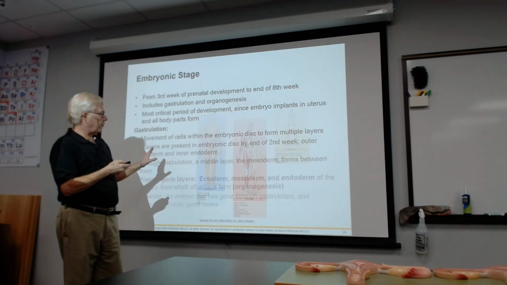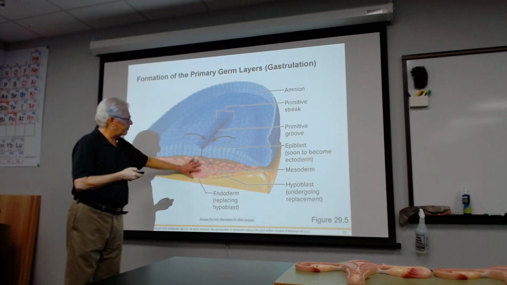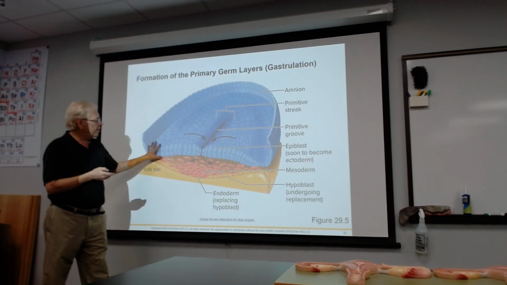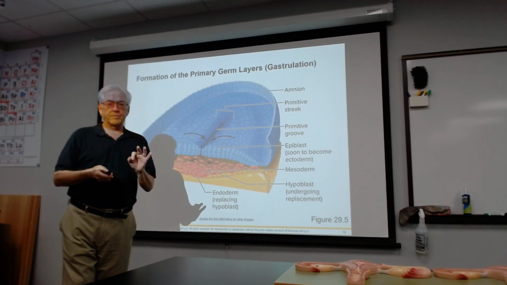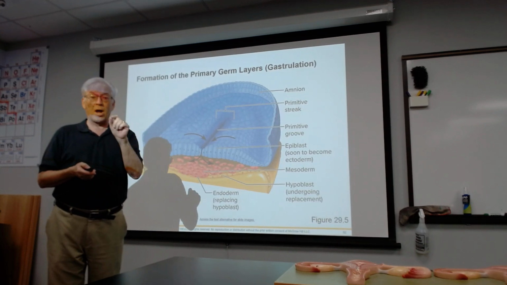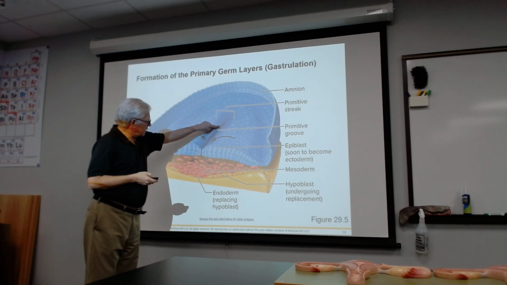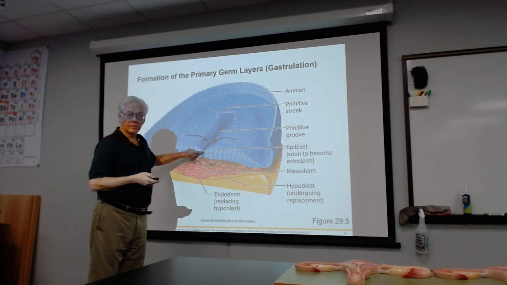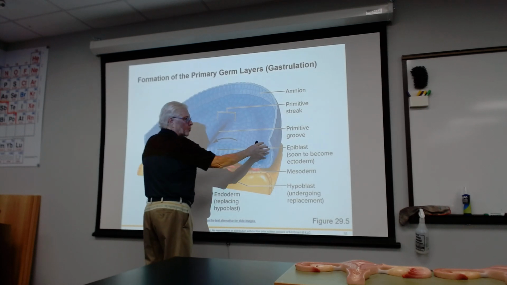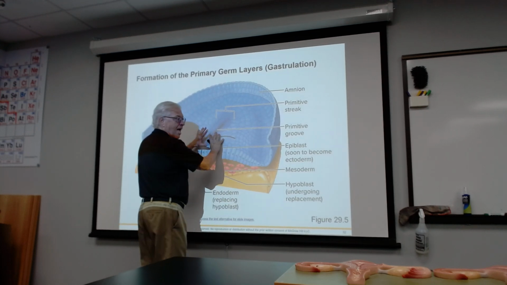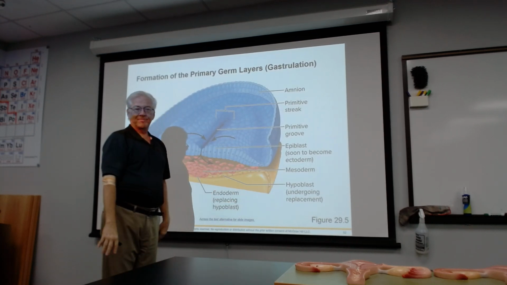This blue layer on top becomes three things. Number one, your brain and spinal cord, all of your nerves, and all of your epidermis.